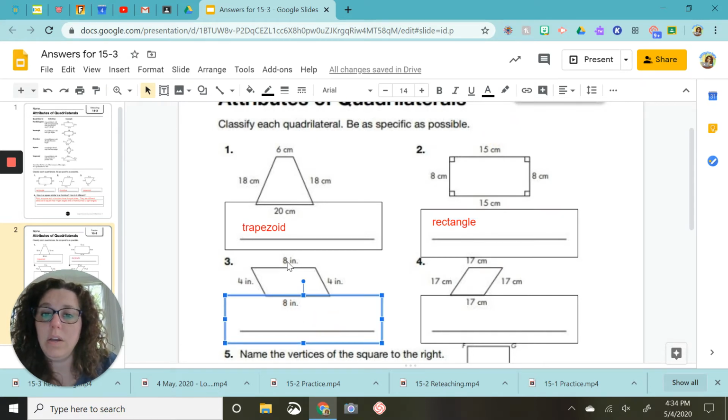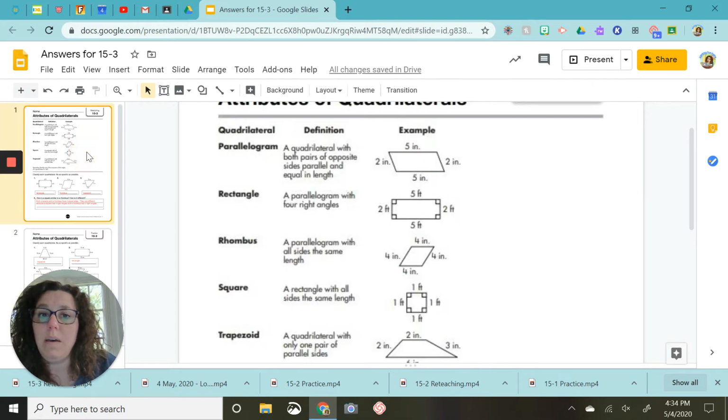Okay, here we are. I have, again, two sides that are equal and parallel. Then these two are equal and parallel. So I'm thinking it might be a rectangle. However, I notice the angles are not right. So if I go back up, if my angles are not right, it's going to be a parallelogram.